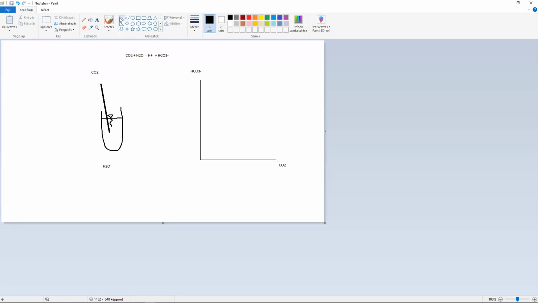If I put more CO2 into the water, that increases the bicarbonate concentration. This line shows how the bicarbonate level increases in this water. This portion depends only on the CO2 value.